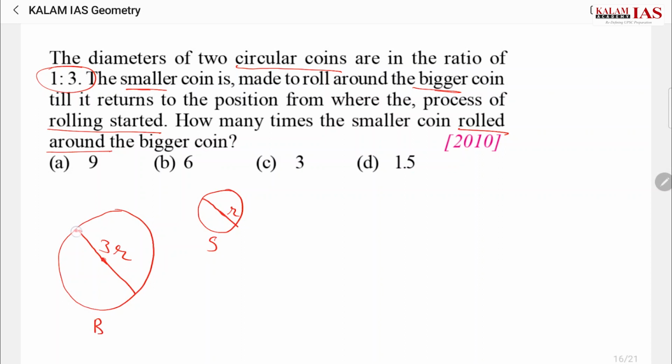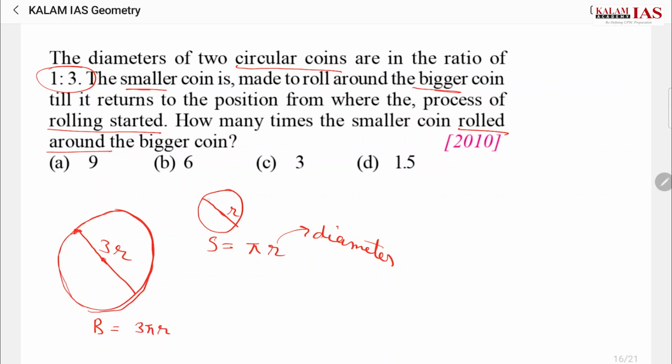Suppose this smaller coin starts from this point, it will roll along the entire perimeter of the bigger coin and come again to the initial position. Now the perimeter of the smaller coin is equal to pi r, because r is the diameter here, not the radius. And for the bigger coin the perimeter is 3 pi r.